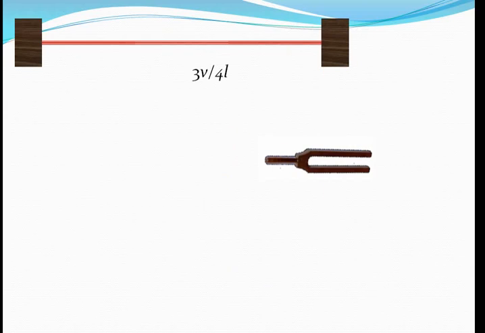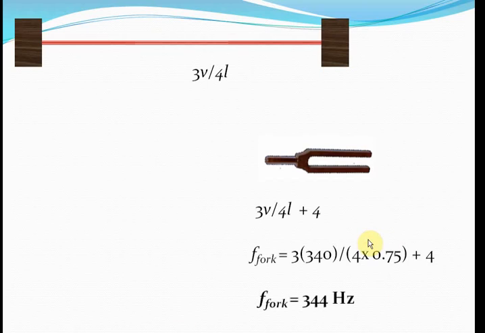This is because when we are increasing the frequency of the string by increasing the tension, the frequency difference is decreasing. Therefore, since the frequency of the tuning fork is greater than that of the string, the frequency of the tuning fork is clearly 3V by 4L plus 4. Substituting the values of V given, and L, the length of the closed organ pipe, which is given, we get the frequency of the fork to be 344 Hz.